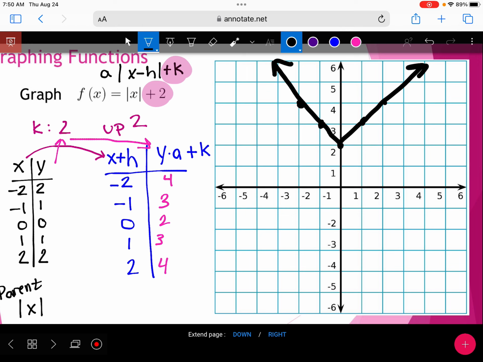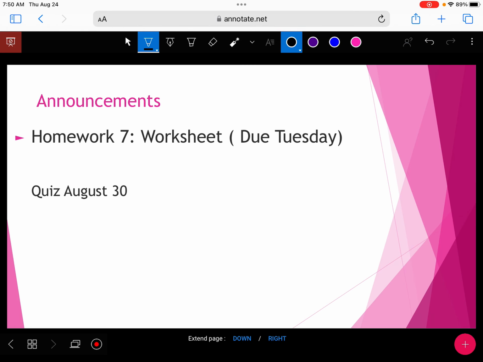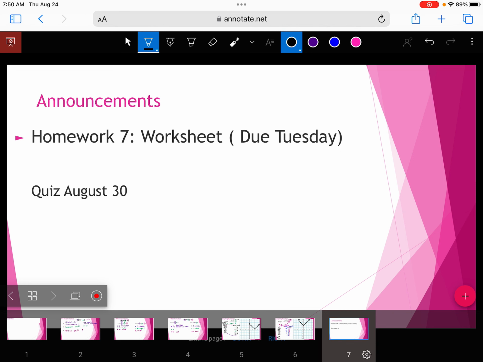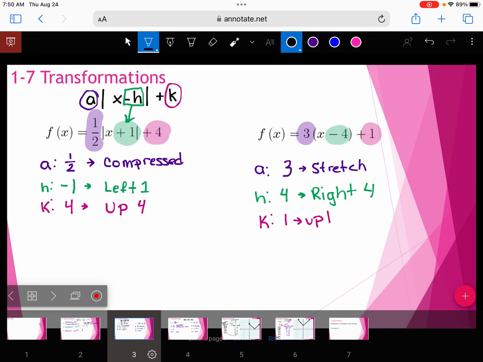So, question number 1, A through G, is identifying A, H, and K. Tell me what they are and what change is happening. So you guys have the next 10 minutes to work on homework 7. You doing this thing, just like we had here. Okay, so that's what question 1 is.